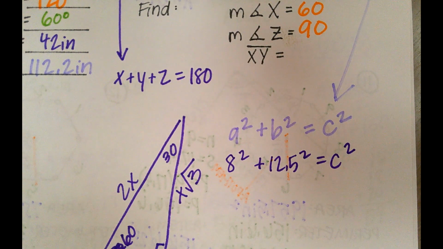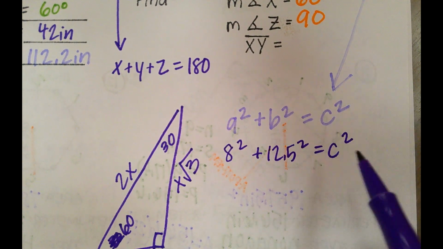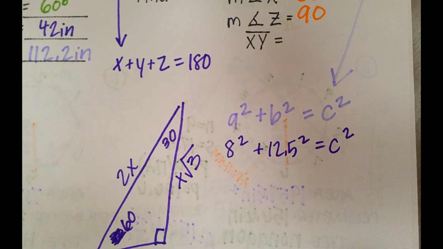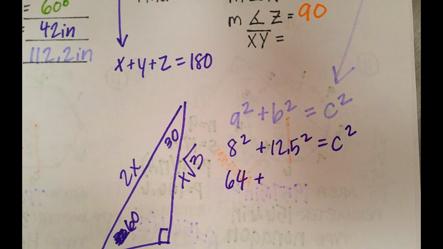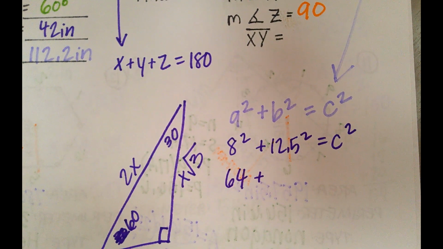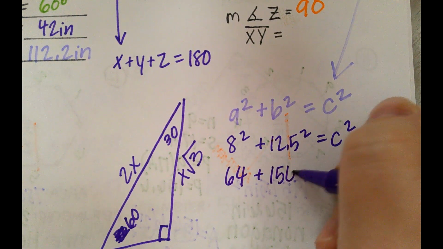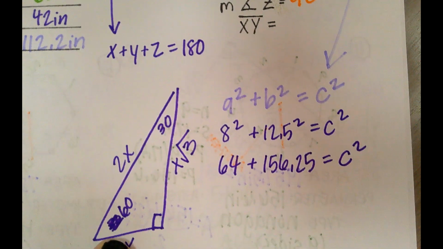What would I do from here? Which is 64. Good. 8 squared is 64. 12.5 squared is 156.25 equals c squared.